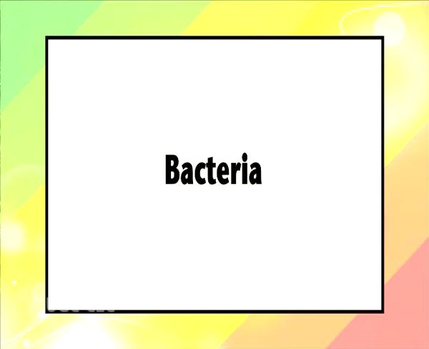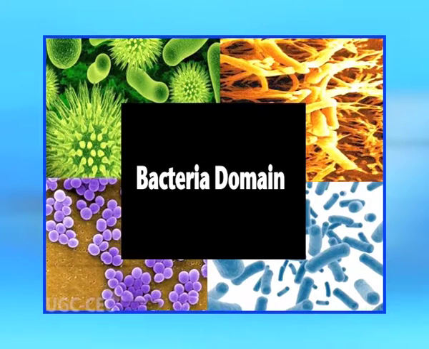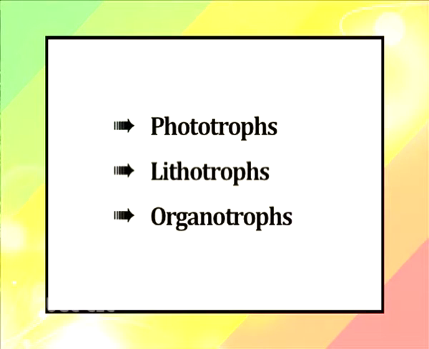Next is bacteria. The bacteria domain includes all other bacteria that are not included in the archaea domain. They are prokaryotic and again found in all the habitats on Earth. They are very similar to the archaea domain, except that bacteria gain energy by being either phototrophs, lithotrophs or organotrophs.